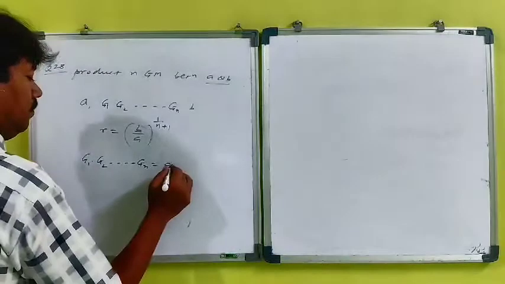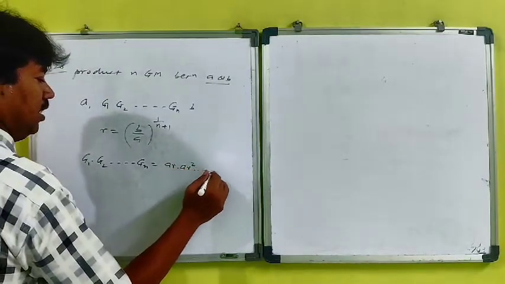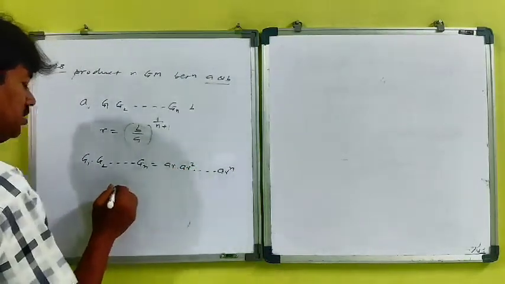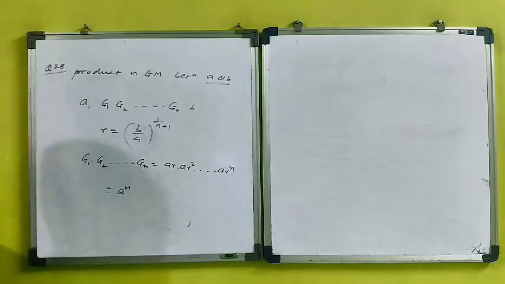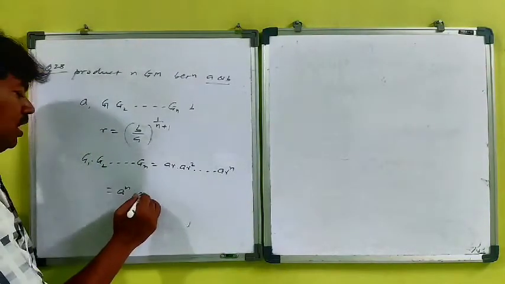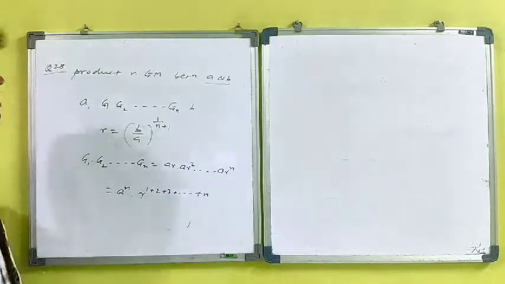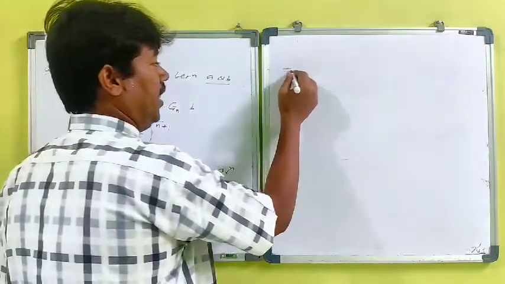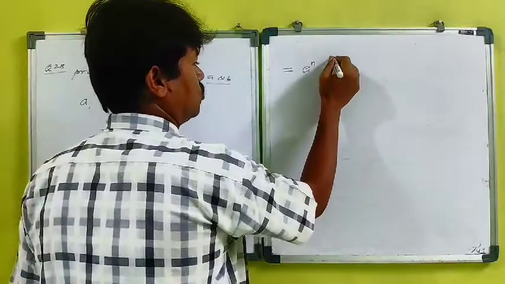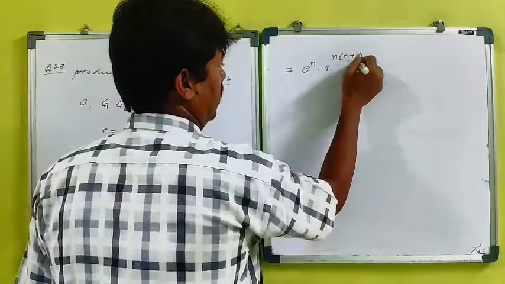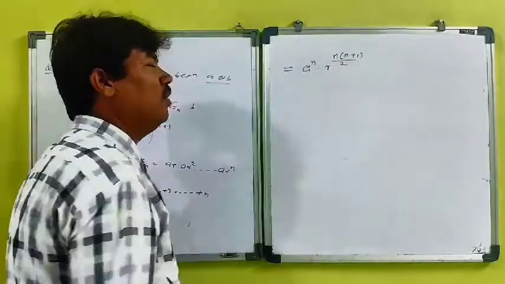AR into AR square up to AR raised to n, which is nothing but A raised to n into R raised to 1 plus 2 plus 3 up to n. So that is clearly A raised to n, R raised to n into n plus 1 upon 2. Now what is the value of R?